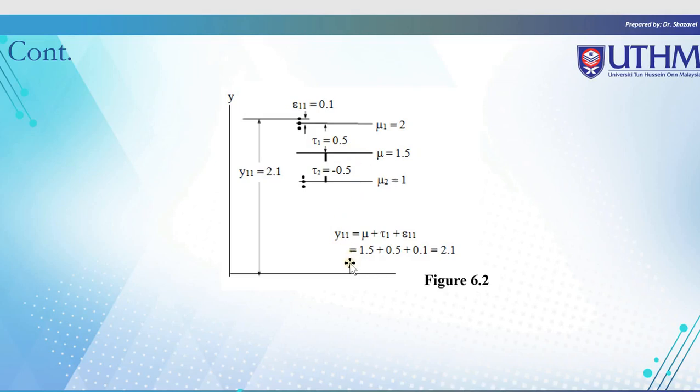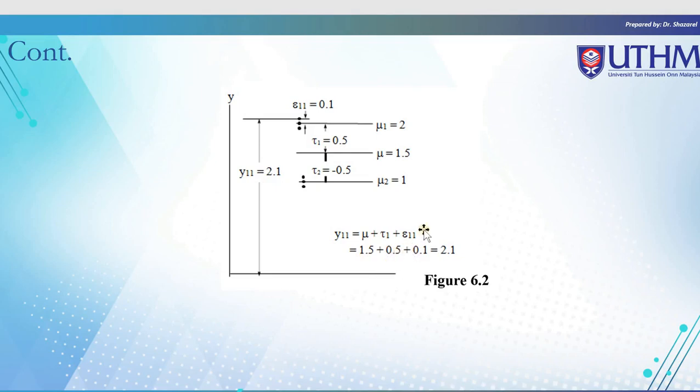Okay. And then the next contribution is the effect of the level. Okay, so the first tau 1 here refers to the effect of the first level, because the first observation is the first observation of the first level. So that means plus 0.5, because tau 1 we have already calculated just now, it is 0.5.